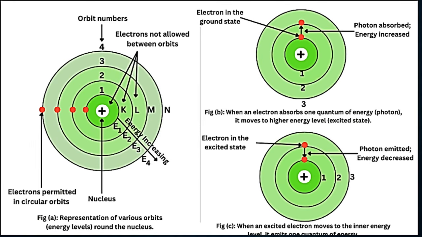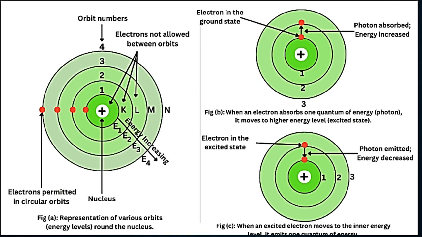So when it is coming back, it will lose energy in the form of what? Radiation. It will lose the energy that gave it the ability to come to this excited state. The process of losing the energy to come back to the ground state is what we term as de-excitation.